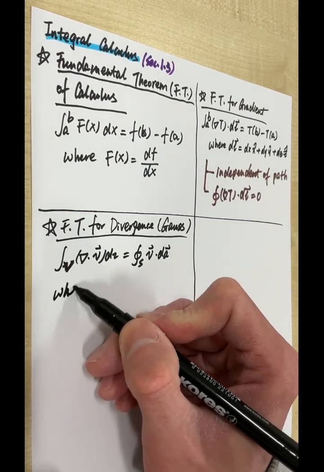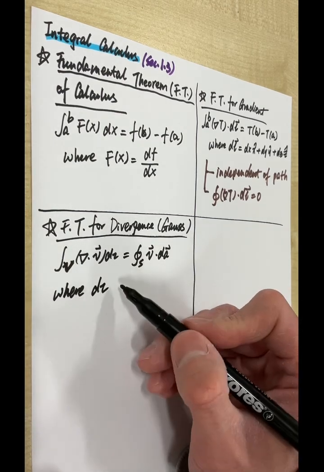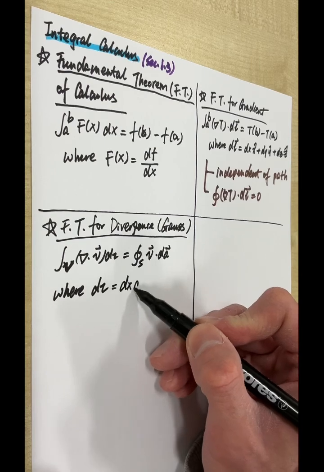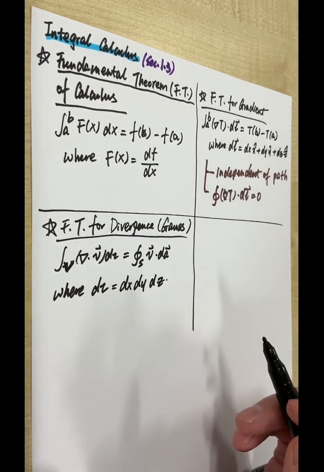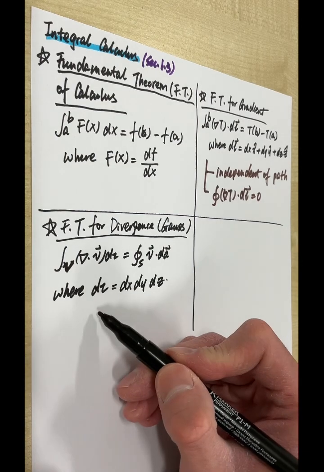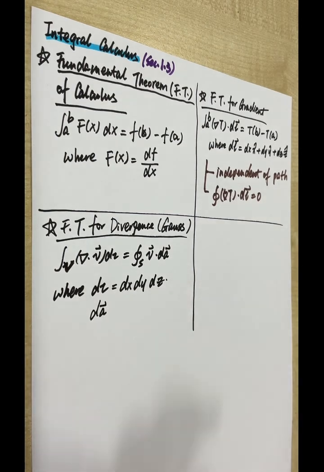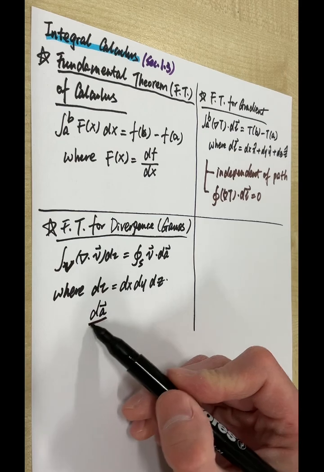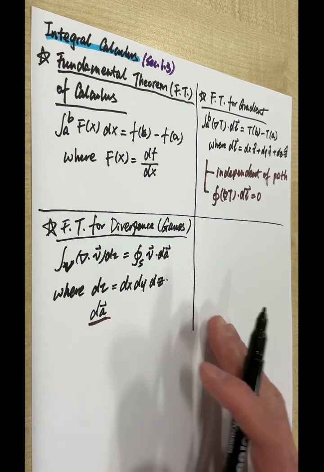Here, the infinitesimal volume equals dx dy dz. And for the infinitesimal area, how to calculate it depends on which plane you do the surface integral on.